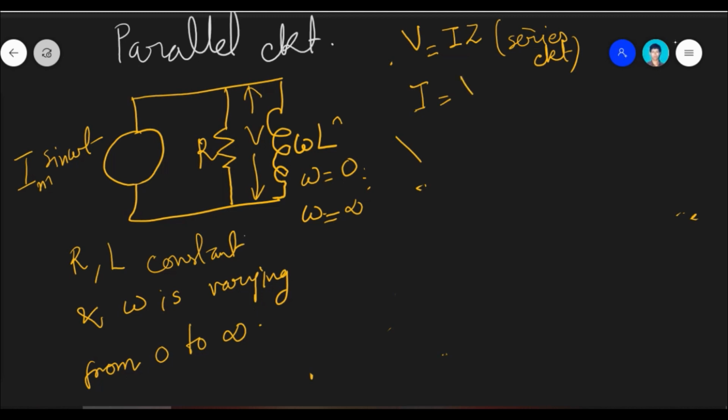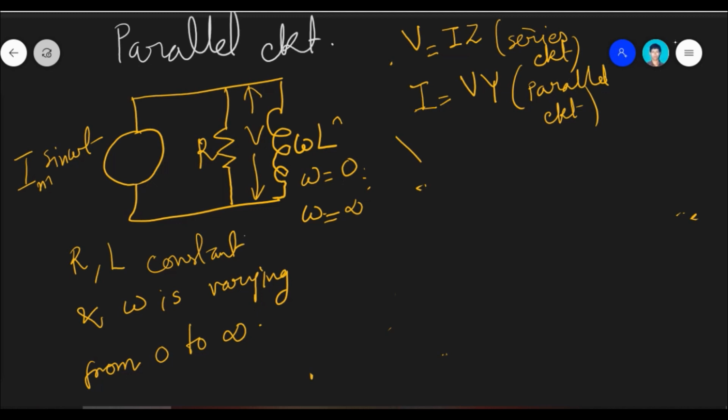I is equal to VY. Actually, whatever I have written may lead to confusion that I equals VY is only applicable to parallel circuits and V equals IZ only to series circuits. It's not like that.